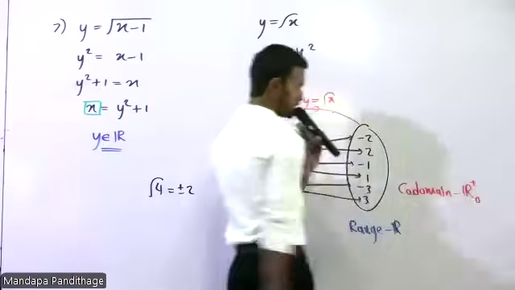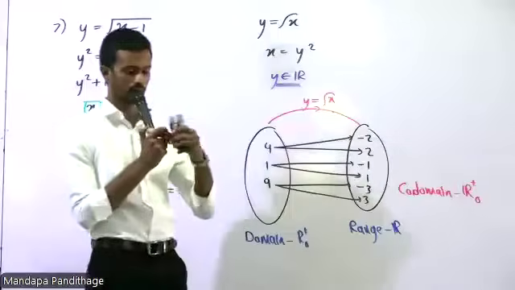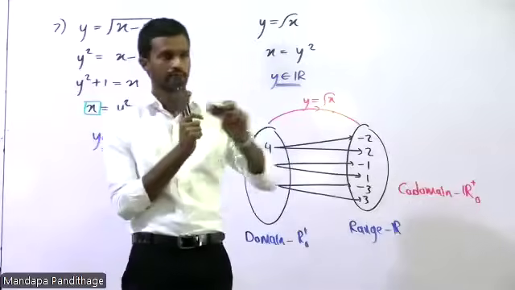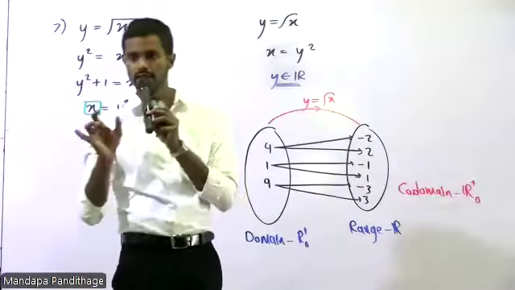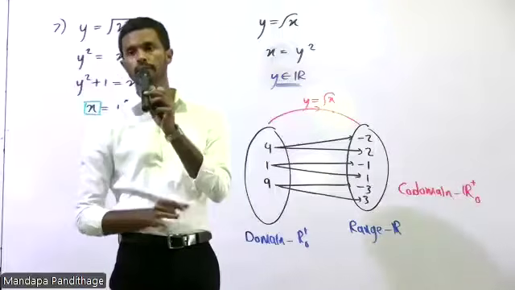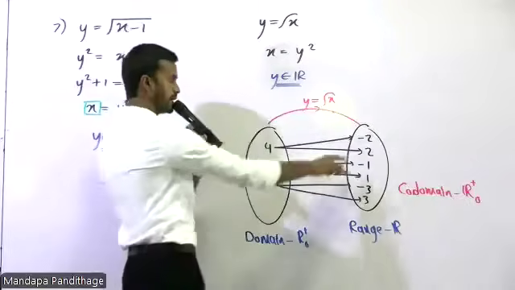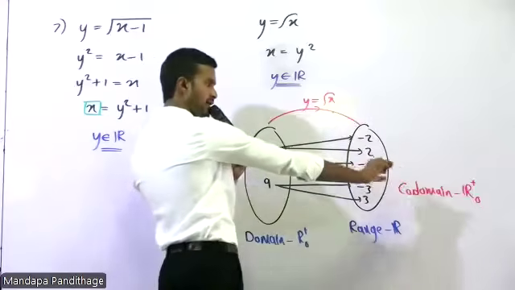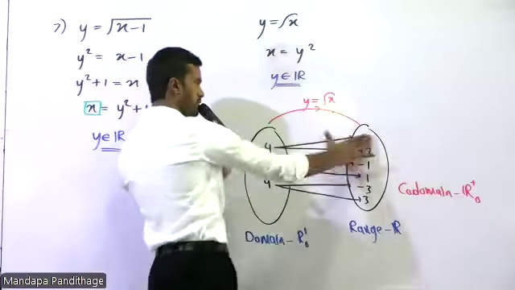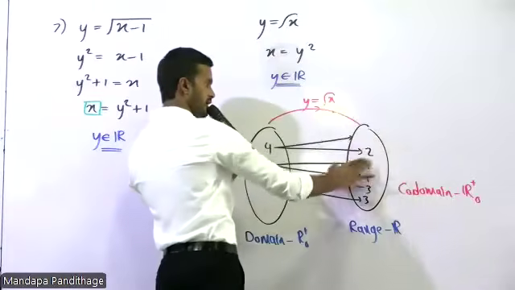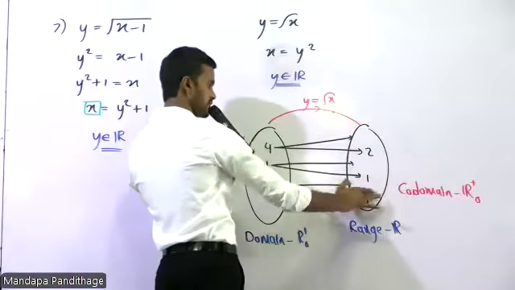So I have taken a restricted codomain. I told you normally as the codomain, we take the entire real number set. But there are special cases where we have restricted codomains. We have limited the codomain. So what I do here is I restrict the codomain only to these positive values, which means this goes away, this goes away, and even this goes away.